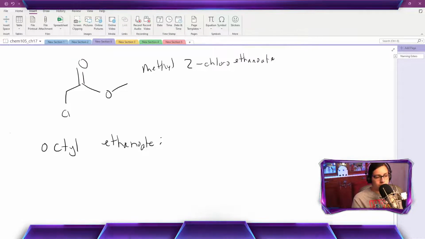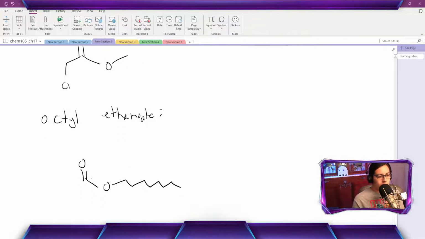So octyl would be on our alcohol side. So now 1, 2, 3, 4, 5, 6, 7, 8. So octyl and then ethanoate, so 1, 2. So any questions about those?